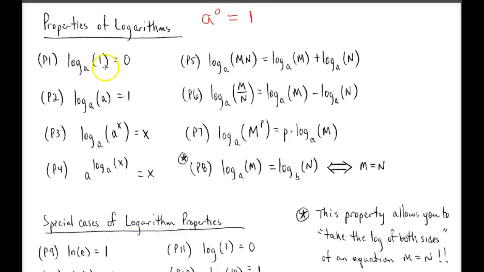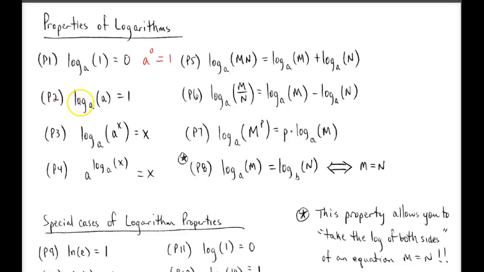Well, it turns out that property 1 is just the logarithmic equivalent of saying anything raised to the 0 power is equal to 1, because a raised to the power of 0 equals 1. In essence, that's what all of these logarithmic properties are doing. It's something that we already know in the exponential world, and we're just translating it if we needed to write our exponential equation as a logarithmic one.